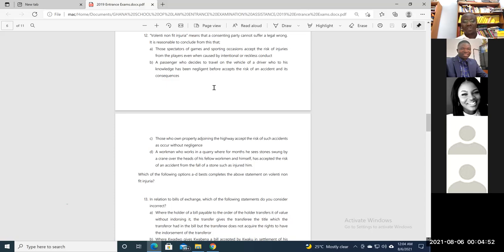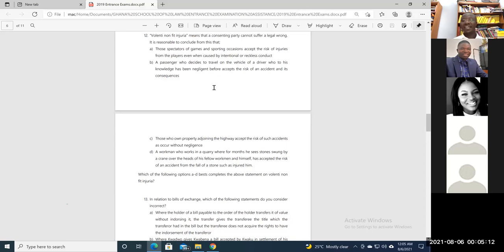Looking at question 12, how the examiner made it is confusing, because at the starting part you are led to think the question starts from 'it is reasonable to conclude from this that' any of these.